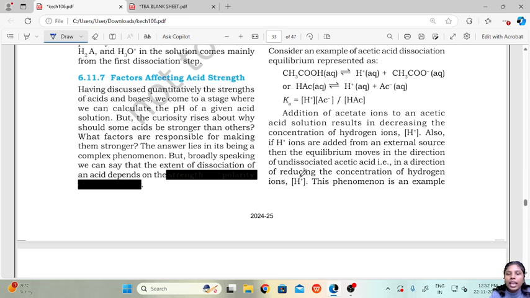So what they are saying is that when we add acetate ions to an acetic acid solution, there will be a decrease in the concentration of the hydrogen ions that are present.